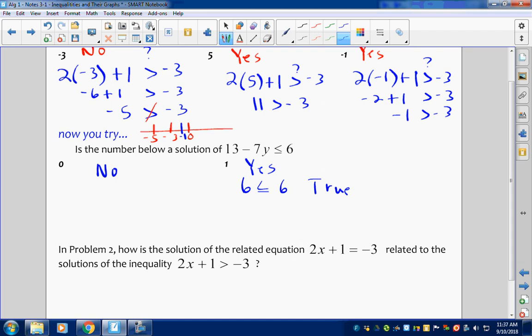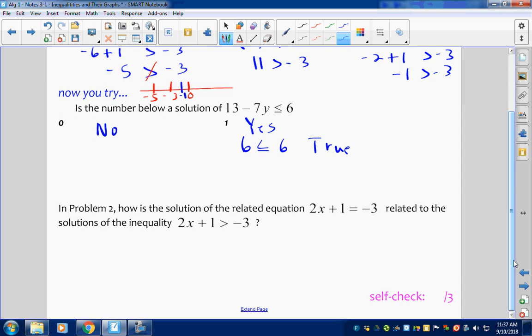In problem 2, how is the solution of the related equation 2x + 1 = -3 related to the solutions of the inequality 2x + 1 > -3? Well, it's related in that you can just solve it to get the entire solution set.